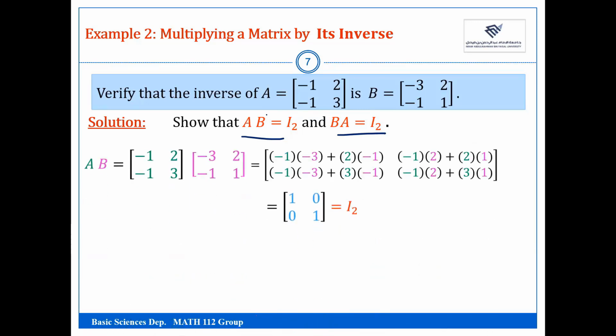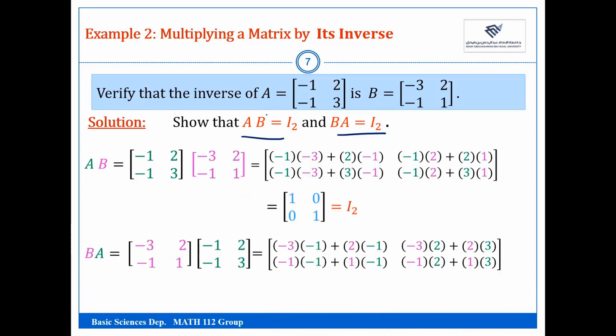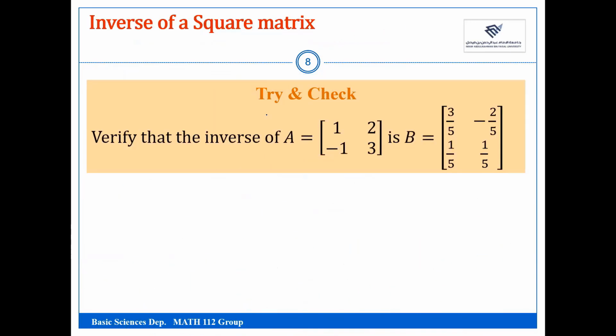So multiply and check. Same here, verify that the inverse of A is B. Same thing: you calculate AB, you calculate BA, both. In the end, this must be the identity and this must be the identity.